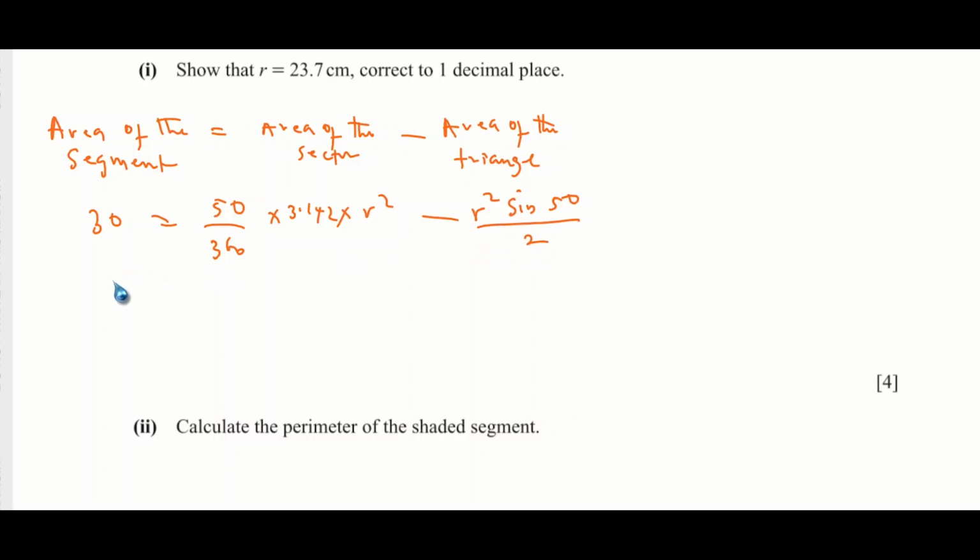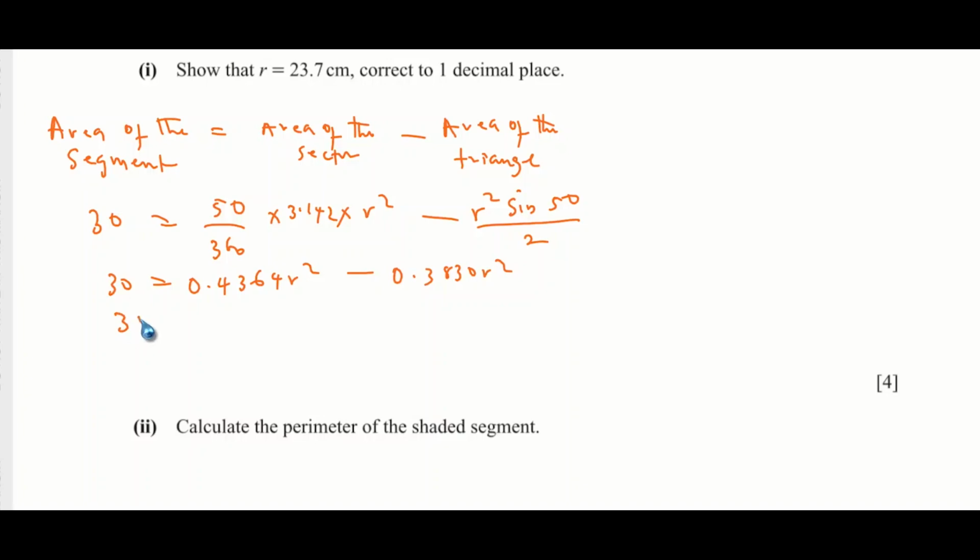So this will be 30 equals, if you do 50 times 3.142 divided by 360, that will give you 0.4364 r squared, minus, if you do sine 50 divided by 2, that will give you 0.3830 r squared.